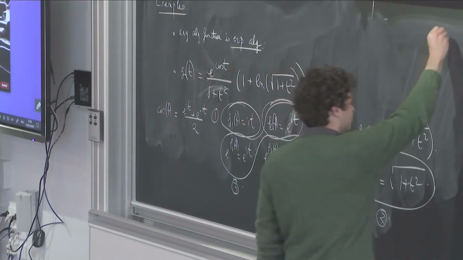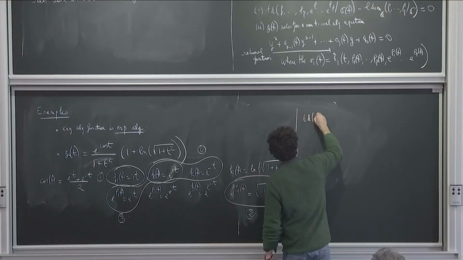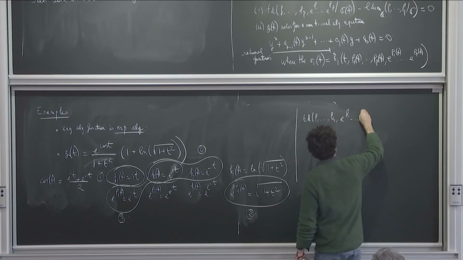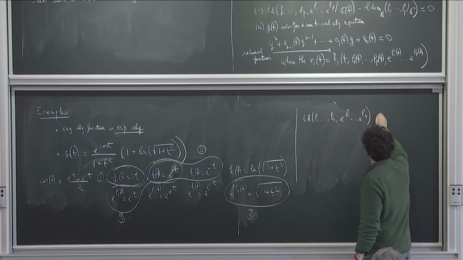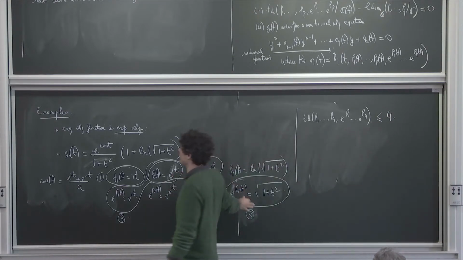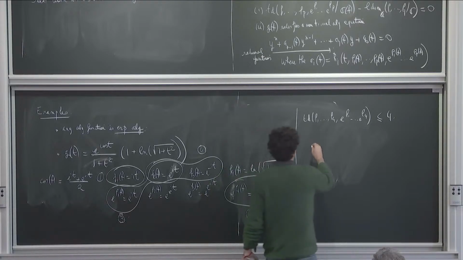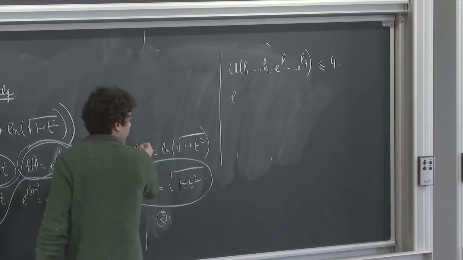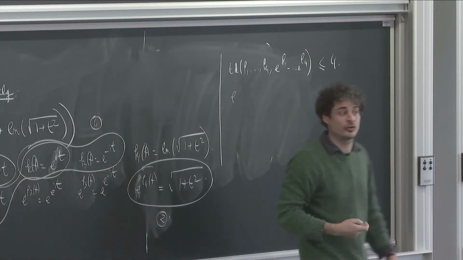So I have shown that the transcendence degree of f1, ..., f4, e to the power f1, ..., e to the power f4 is less than or equal to 4, because I found four relations between them. But it's not hard to see that if you take Q-linear combinations of these four functions, you will never get a constant.